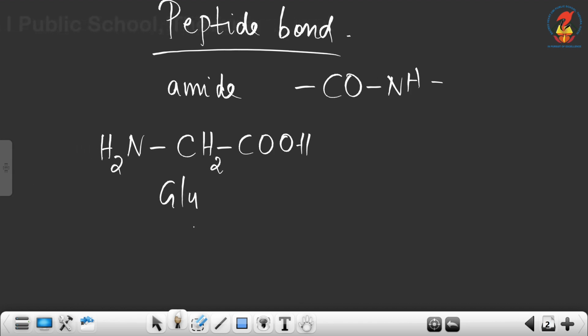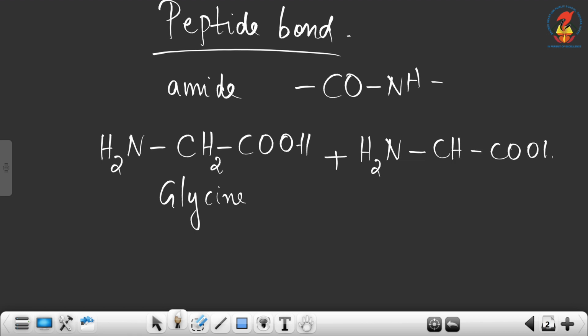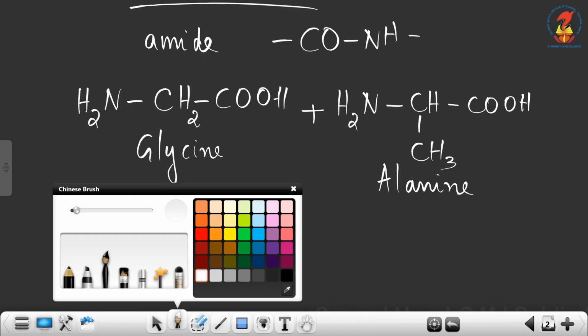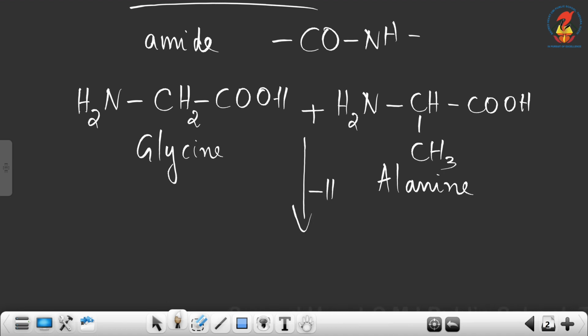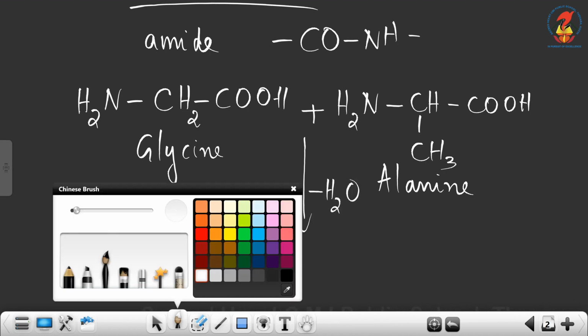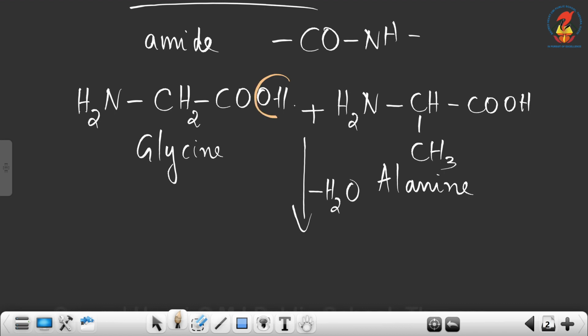So, this is glycine plus alanine. Alanine we have NH2, CH, COOH, and the R in alanine is the methyl group CH3. So, this is alanine. Now, when these two combine, H2O is removed, minus H2O. Now, from where is H2O removed? The OH group of COOH and one hydrogen of the amino group of alanine.